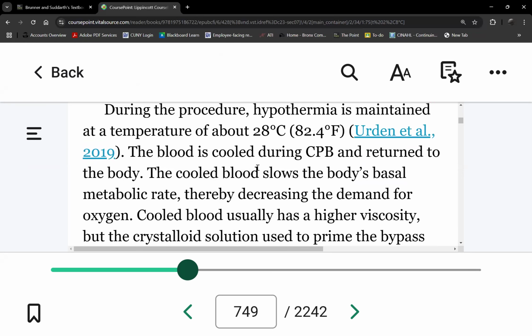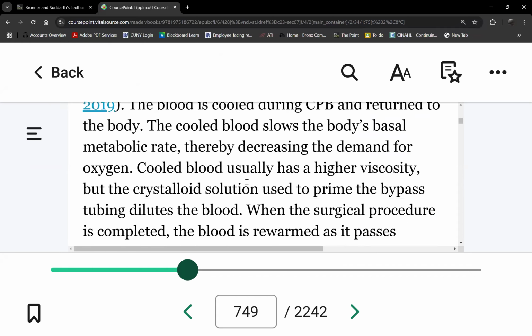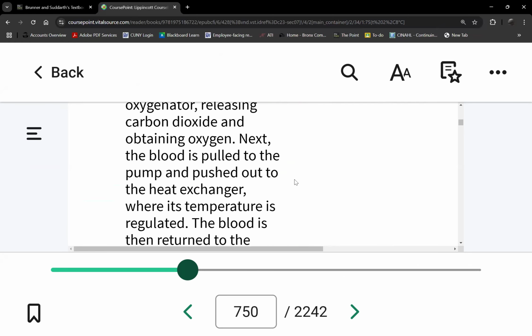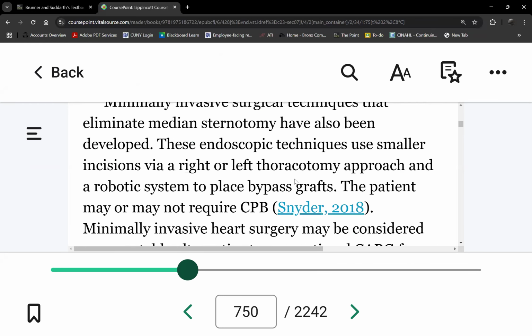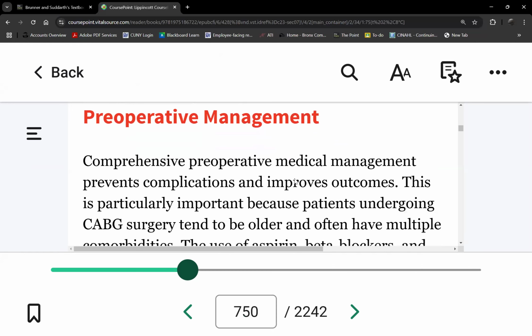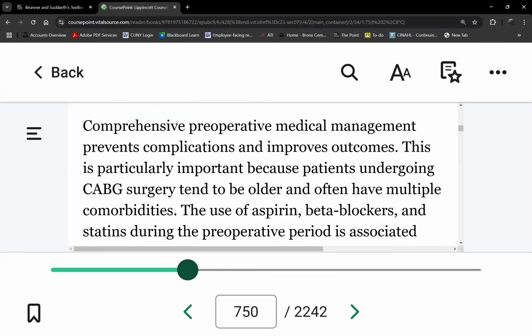Okay, so here's the procedure. If you want to know, they induce hypothermia and attach them to a heart-lung machine. Okay, let's go straight to our job. So our responsibility afterwards is here. As I said, pre-op, education, and then shower the patient. There may be 2 showers.